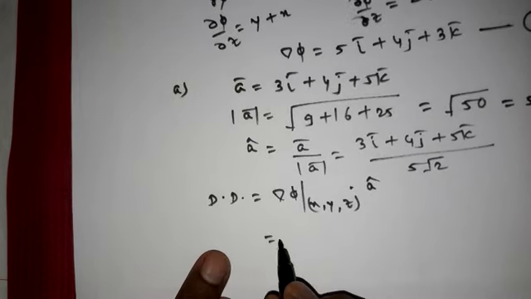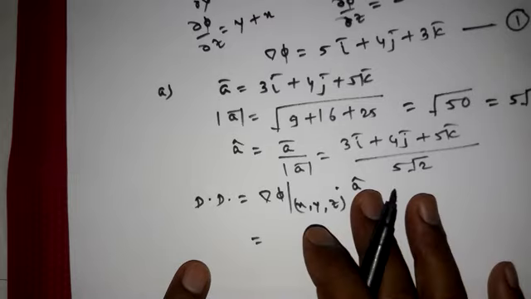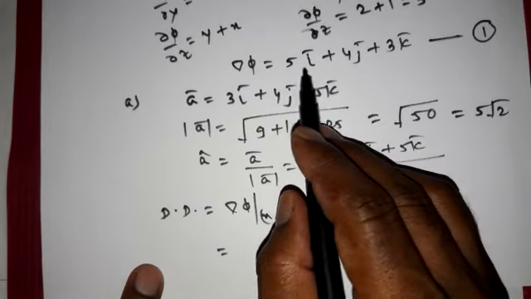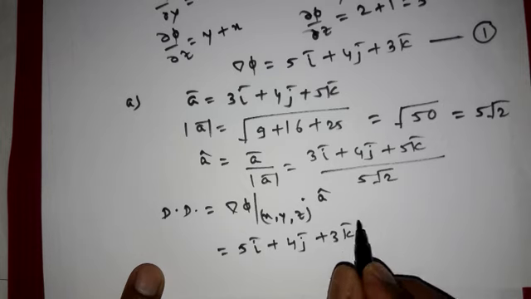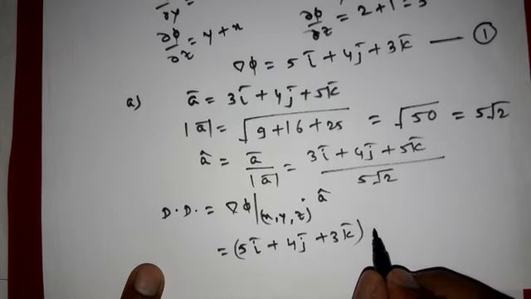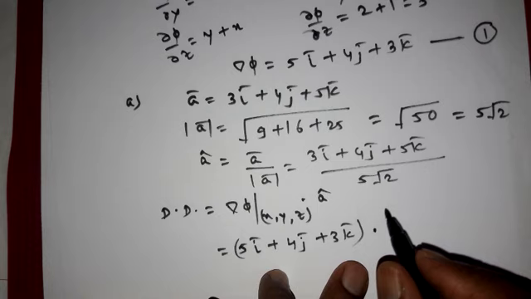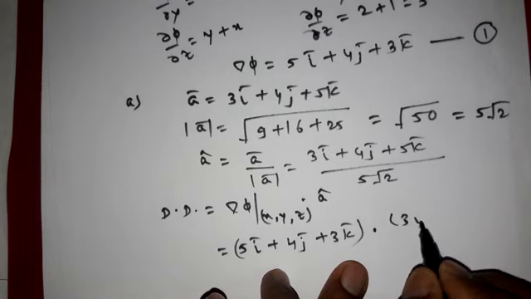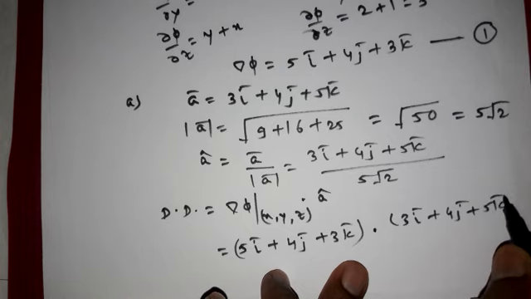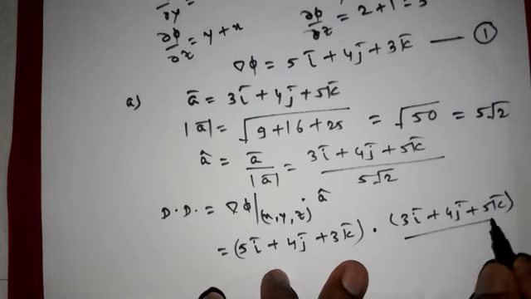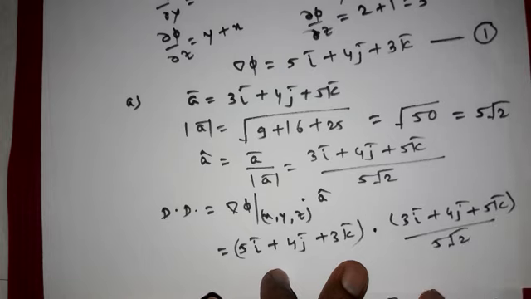Del phi is our first equation, see carefully: 5I bar plus 4J bar plus 3K bar. Dot product with A cap, and A cap means (3I bar plus 4J bar plus 5K bar) upon 5 root 2.